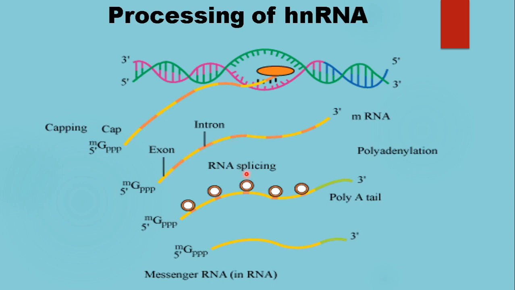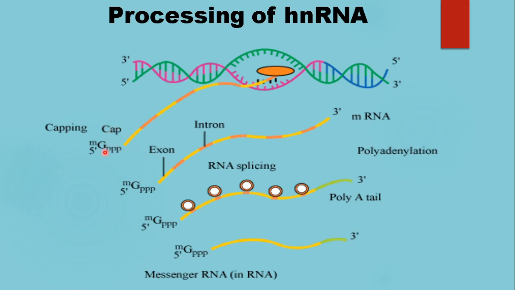So what will happen? Splicing will take place, and in the process of splicing, the introns will be detached. As we can see here, this portion has been cut off, and we get only a shorter strand of RNA containing only exons. Then the additional steps are capping.